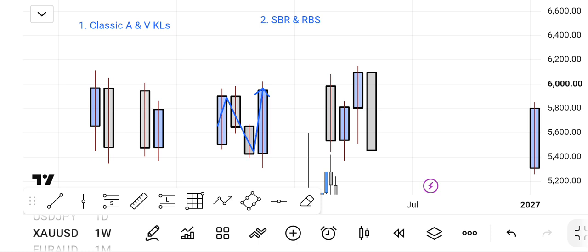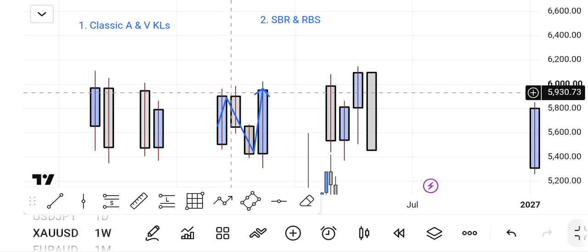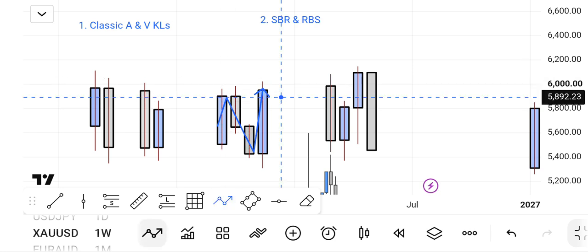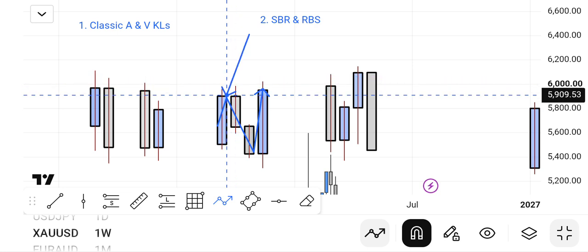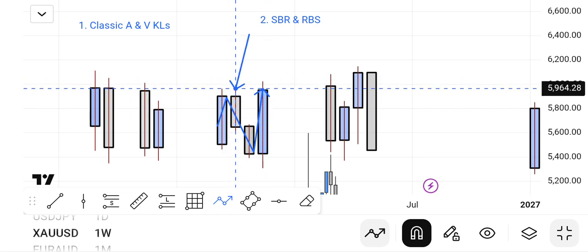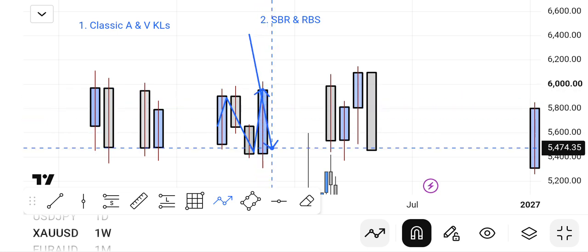Why? Because this A shape here is a resistance. The price is supposed to come into it and then reverse back, go back and sell.